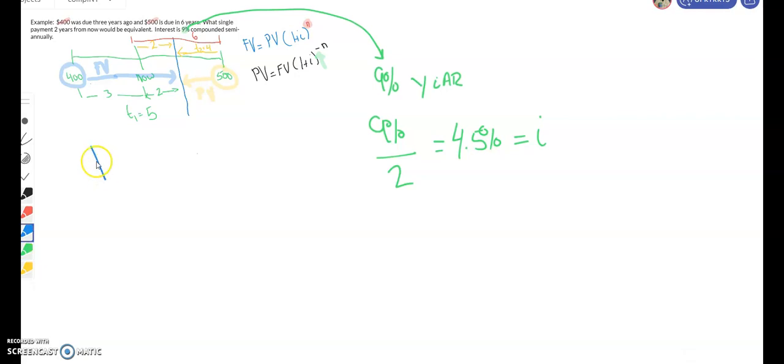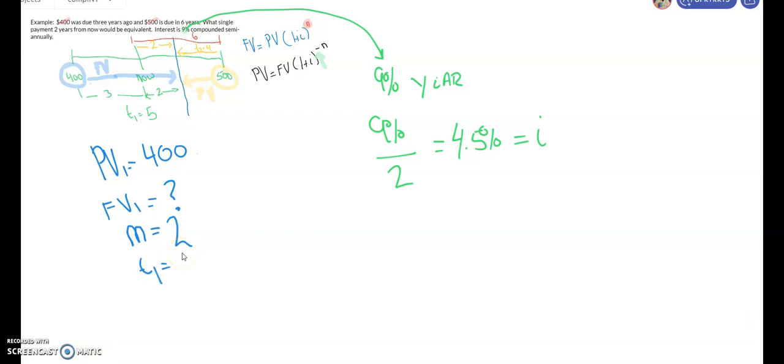We know that our PV1 is equal to 400. That's the money that has to be moved into the future, so we are looking for FV1. We know that the number of times that's compounded in a year, or M, is equal to 2. We know that our T1, or the amount of time that the money moves, is equal to 5.